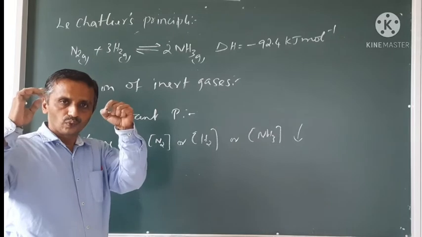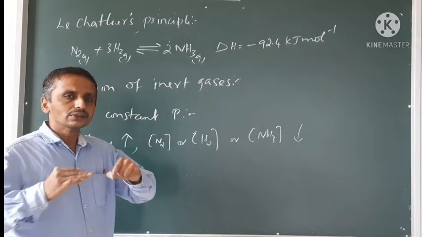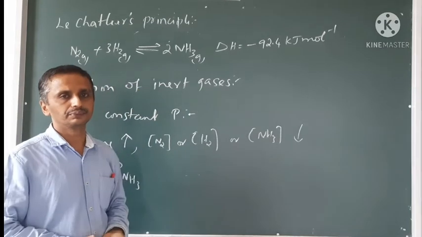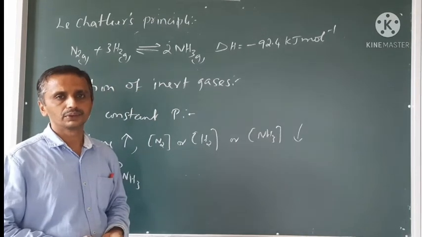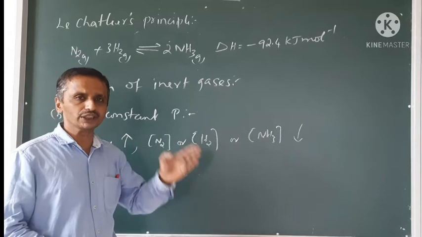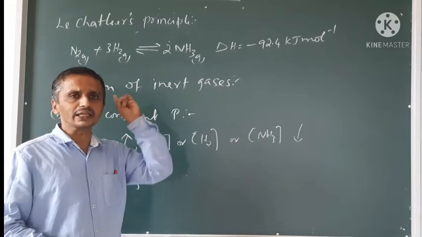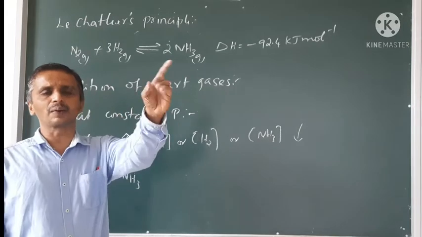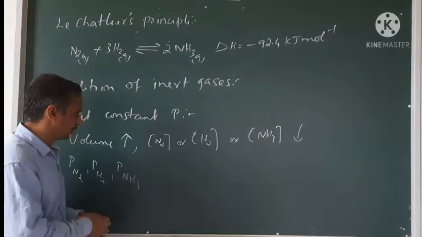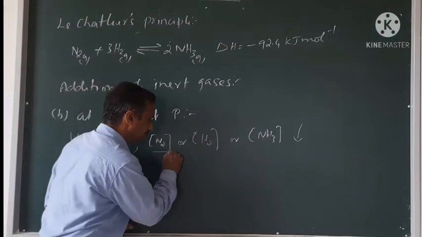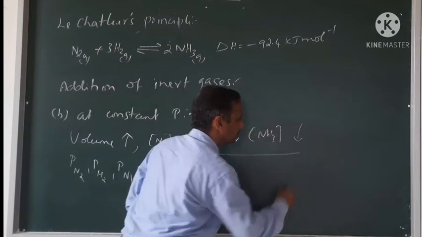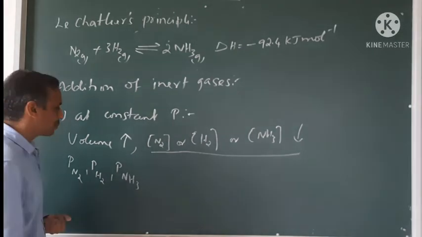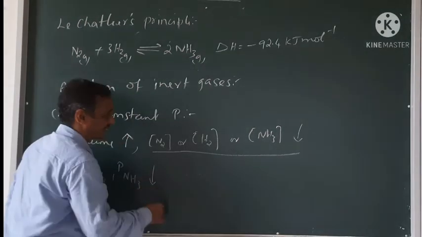So, when the inert gases are added at a constant pressure, the reaction proceeds in a direction where there is an increase in number of moles, because either concentration decreases or the partial pressure decreases.